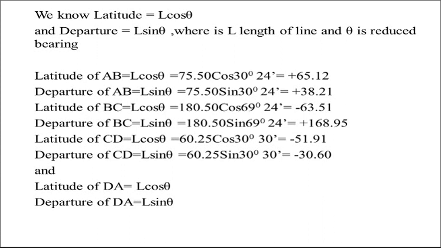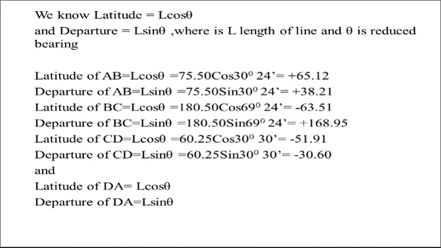And for the last line CD, latitude is equal to 60.25 into cos of 30 degrees 30 minutes, and the answer is minus 51.91. It is negative because it is measured towards south.